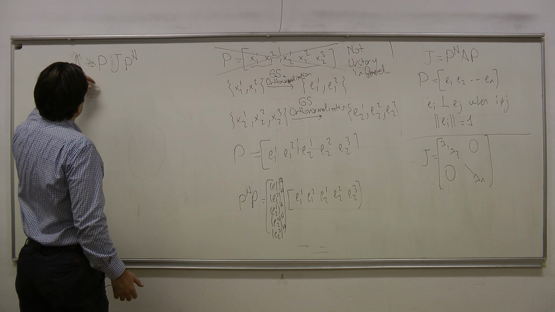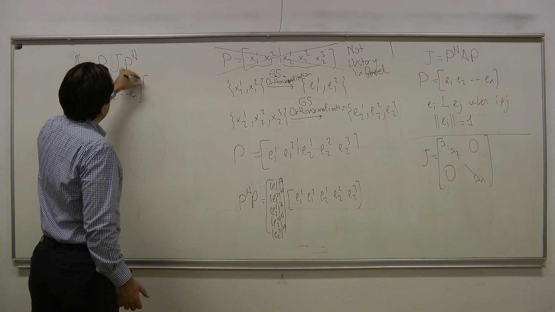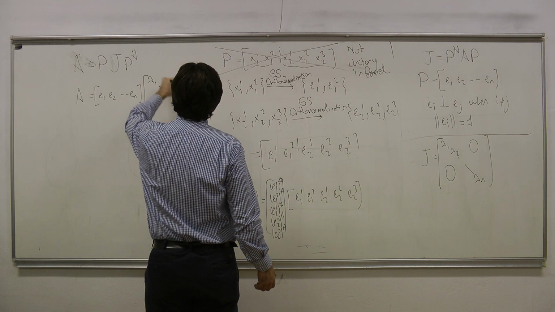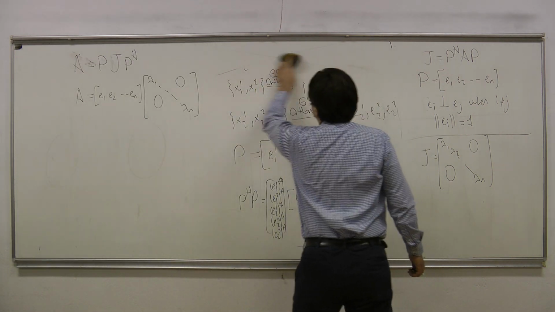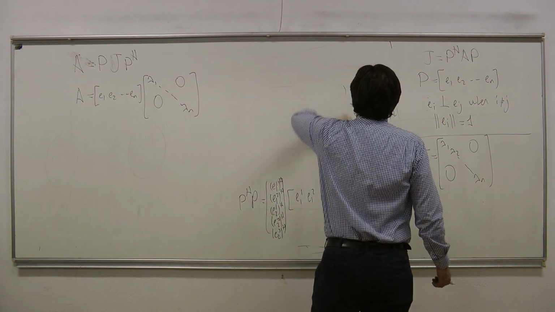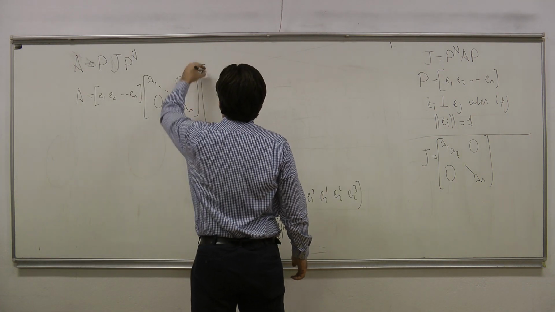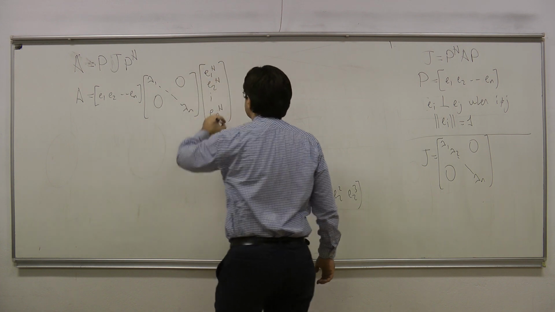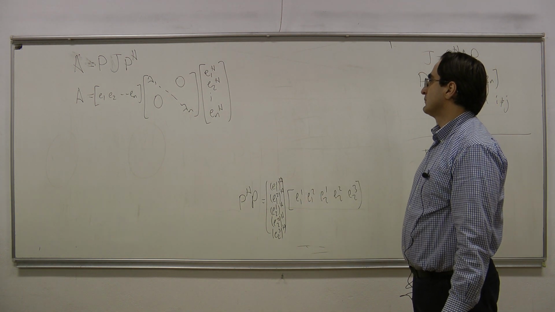And I have A equal to P, which is E1, E2 going until En, and then I will write the Jordan canonical form, lambda 1 going until lambda n, a diagonal one. And then I will write P Hermitian there, which is E1 Hermitian, E2 Hermitian, going until En Hermitian. Then I have such a matrix multiplication.